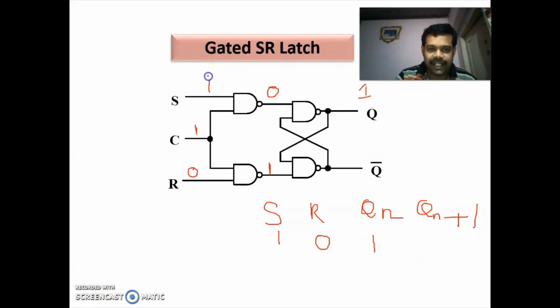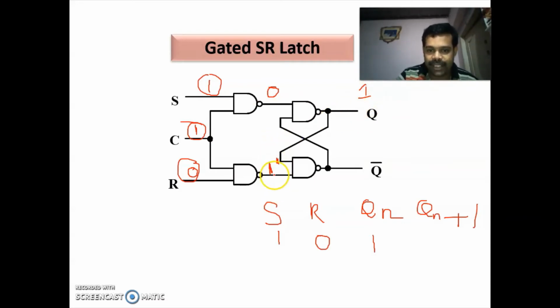Next we are considering S is equal to 1, R is equal to 0, and Qn is equal to 1. If both the inputs are 1, the output is 0. Here one of the inputs is 0, so the output is 1. Okay. Now here you are having Q as 1. So this 1 will be fed back to this NAND gate.